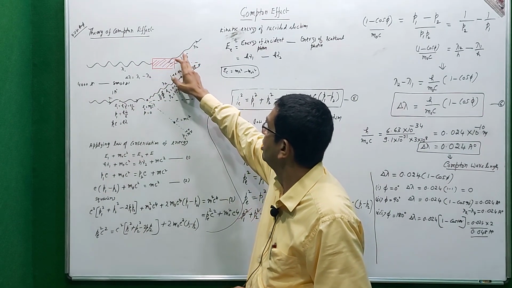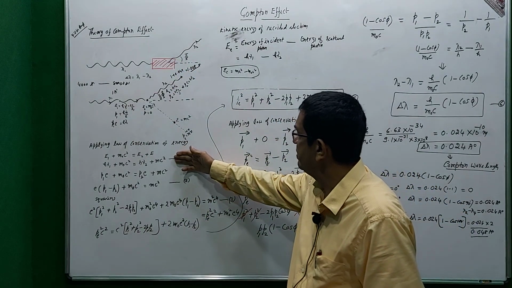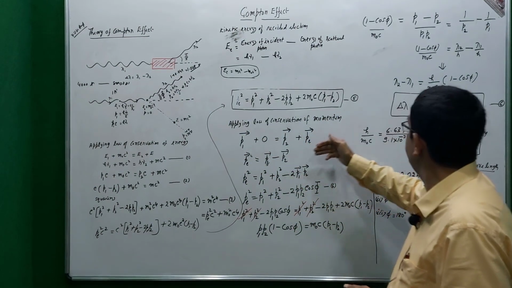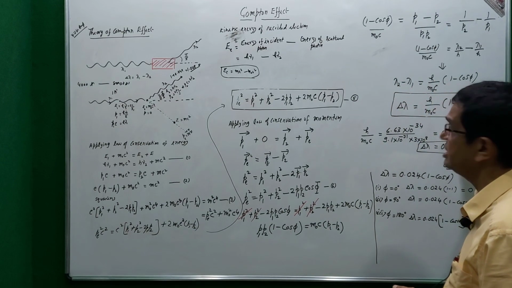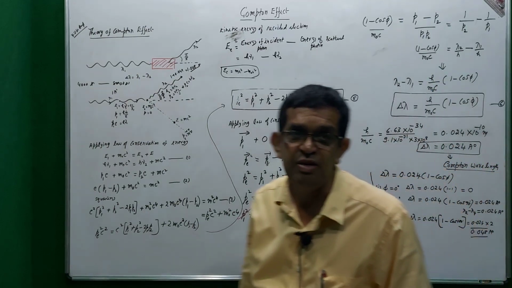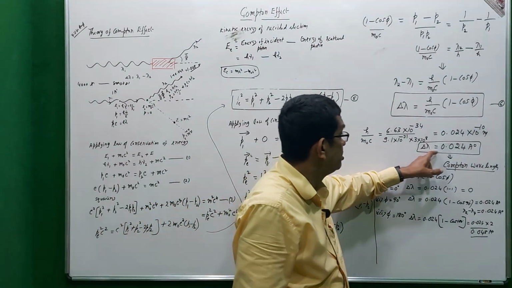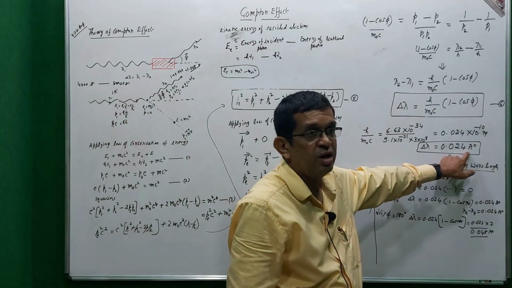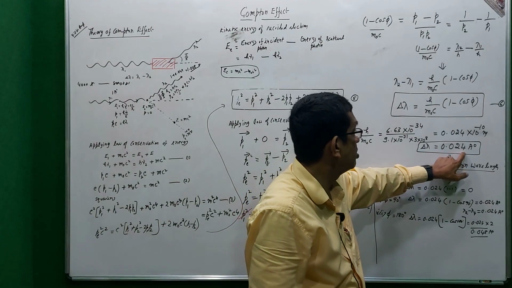To find the expression for the change in wavelength, you apply the law of conservation of energy and the law of conservation of momentum, so that we arrive at lambda 2 minus lambda 1 equal to h by m naught c into 1 minus cos phi. This change in wavelength, delta lambda, is extremely small, of the order of 0.024 into 1 minus cos phi, where 0.024 angstrom is what we call the Compton wavelength.